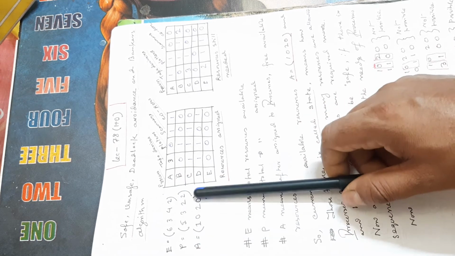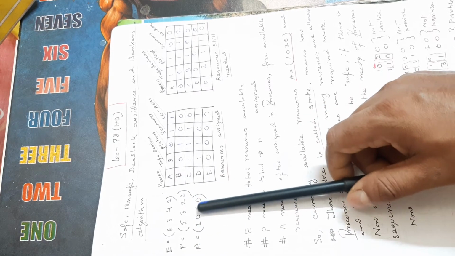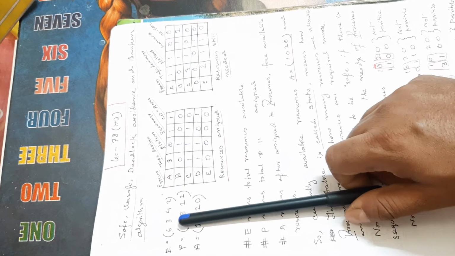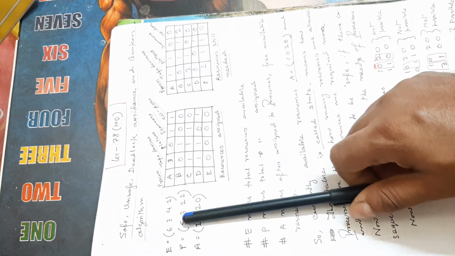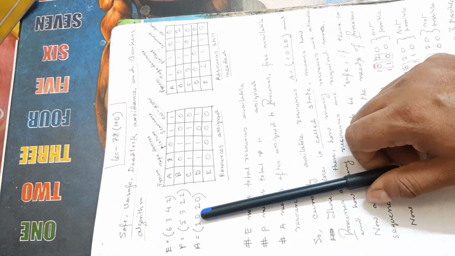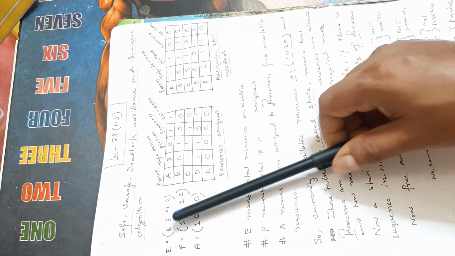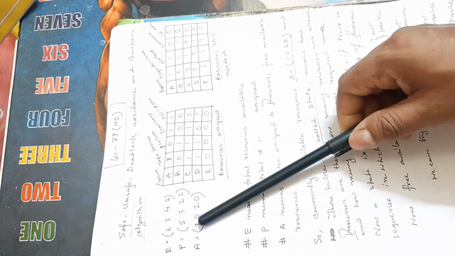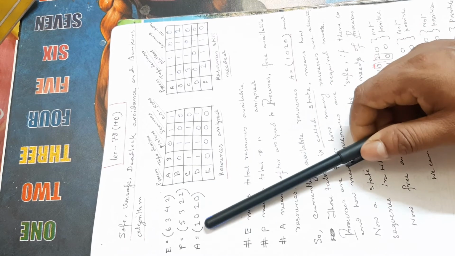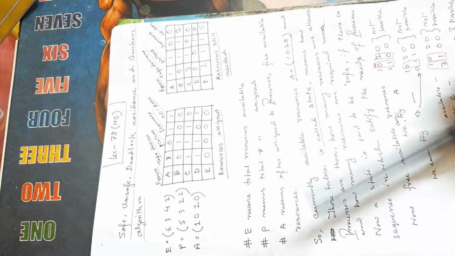If this is not given, you can calculate your available or free resources. Subtract the assigned resources from the total existing resources, and you will get how many resources are still available. 6 minus 5 is 1, 3 minus 3 is 0, 4 minus 2 is 2, 2 minus 2 is 0. So 1020 is the resource right now available.